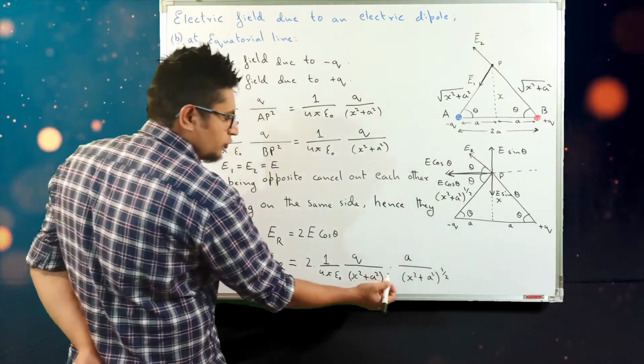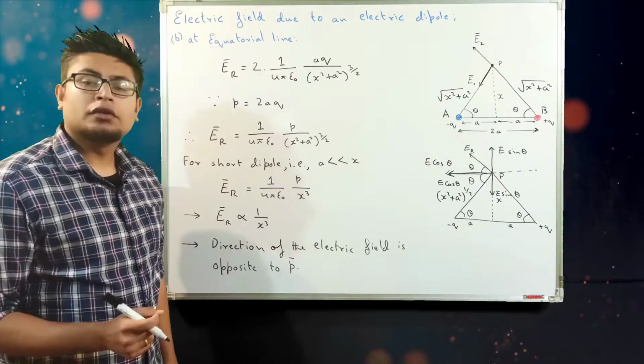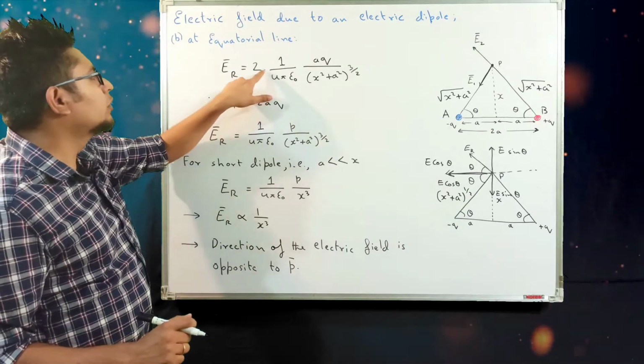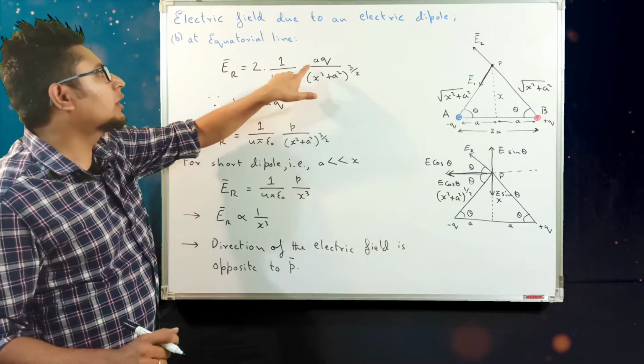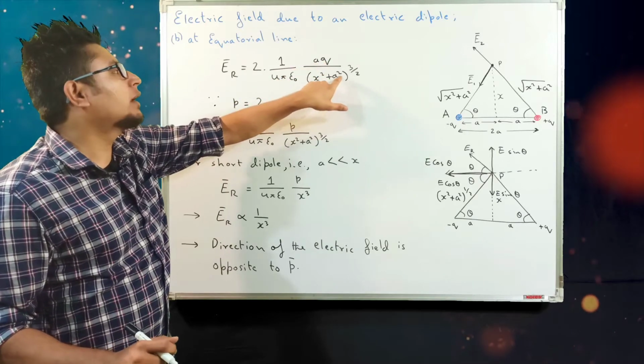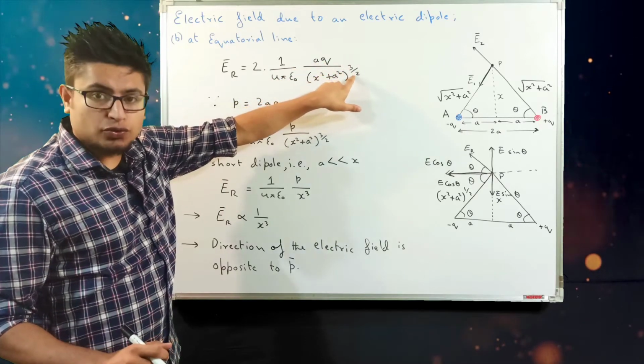So I substitute for cos of angle theta, hence I get the equation to be E_R is equal to 2 into 1 by 4 pi epsilon naught AQ divided by (x square plus A square) to the power 3 by 2.